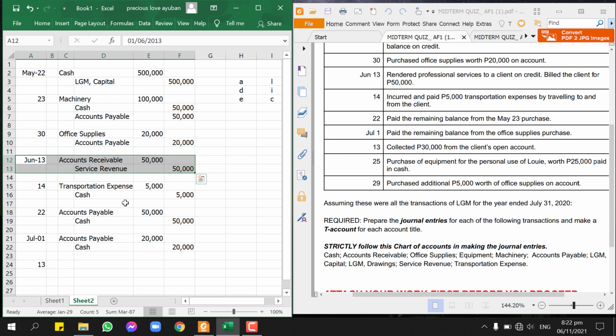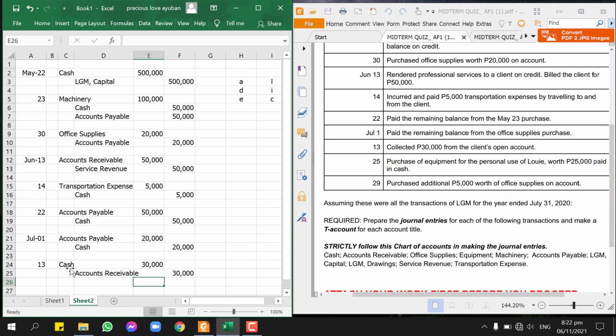So, na-collect na natin yung 30,000, ibig sabihin mababawasan na yung receivable natin. So, para mabawasan siya, i-credit natin siya. Pero again, dito muna tayo sa debit kung ano yung pumasok. Of course, kapag nakakolect tayo, ibig sabihin nakatanggap tayo ng cash. So, debit natin yung cash, 30,000. And then, credit natin yung accounts receivable para mabawasan yung collectibles natin kay client, 30,000.